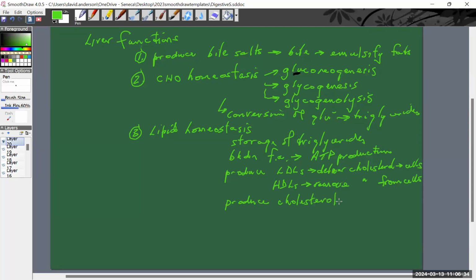And if the lipids are required, they'll be released into the circulation, delivered to all the cells, so the cells can pick up the fatty acids and utilize them either to repair or restore structural or functional components within their responsibilities.